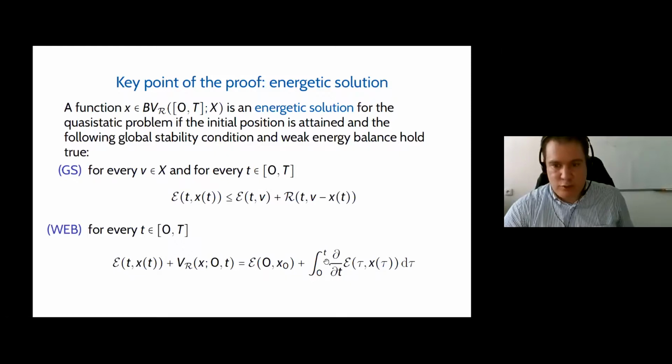And as you see, we no longer have the subdifferential of the dissipation potential or the gradient of the energy. So we have a weaker solution that, as I said before, works also for BV functions.